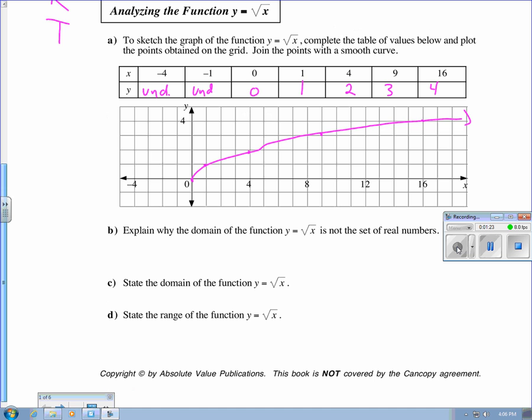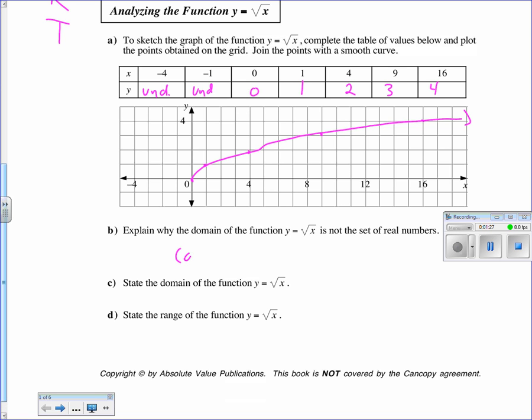So we have restrictions on the domain because you can't square root a negative number, which is going to give us restrictions on the domain and also some interesting restrictions or properties of the range. So the domain for this graph, x must be greater than or equal to 0. x is an element of the reals.